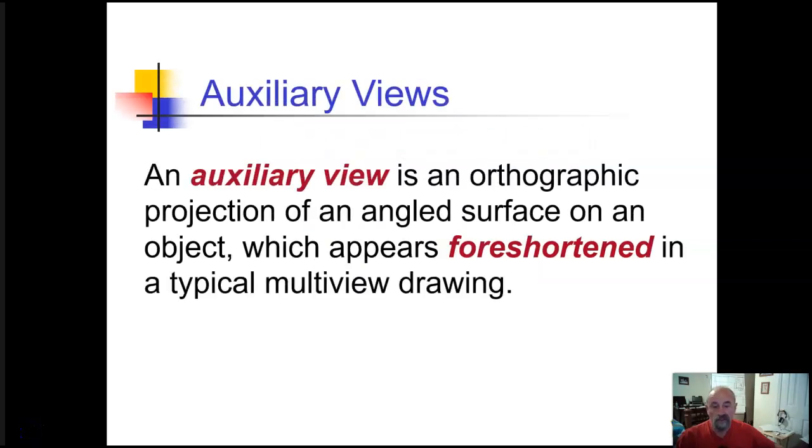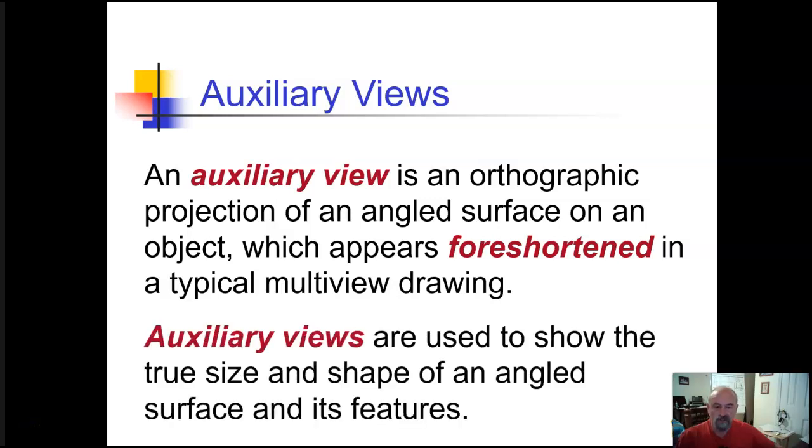An auxiliary view is an orthographic projection of an angled surface, which appears foreshortened in a typical multi-view drawing. Auxiliary views are used to show the true size and the shape of an angled surface and its features.